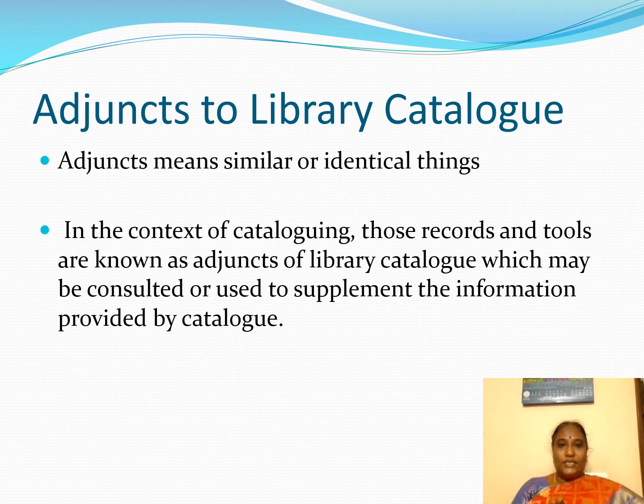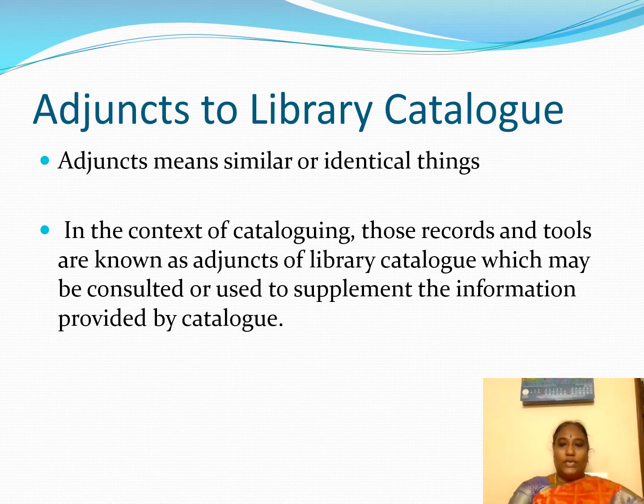So we are discussing in the context of cataloging in the library. These records and tools are known as similar or identical things of library catalog. The users also consult these records and use them to supplement the information provided by a catalog.